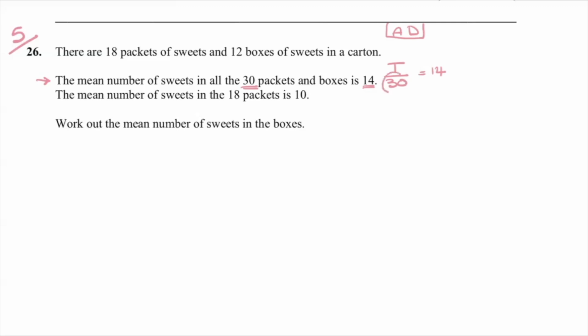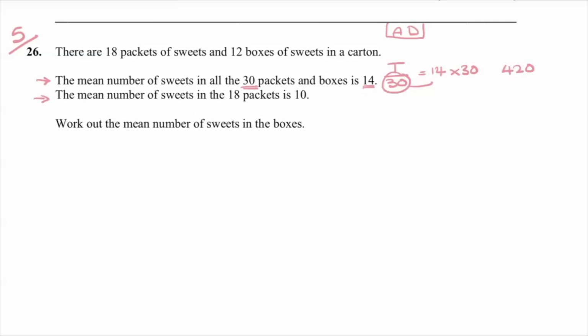If I just bring that 30 across and multiply by it, so 3 14s are 42, add the 0, then although I don't know all the individual numbers, what I do know is that all 30 of them will add to that. And then I'm going to do the exact same thing with the mean for the packets.